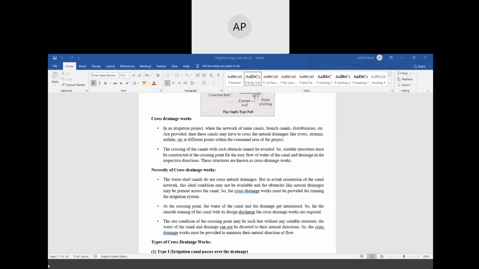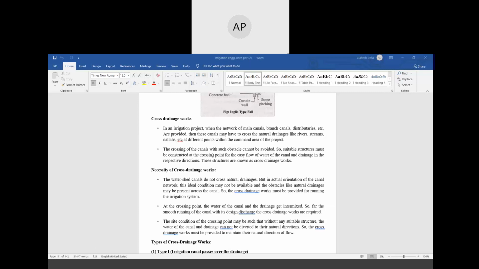So for that purpose, we need cross drainage works. That means we have to construct canals and they should pass through rivers and drains, isn't it? For that purpose, we provide cross drainage works.